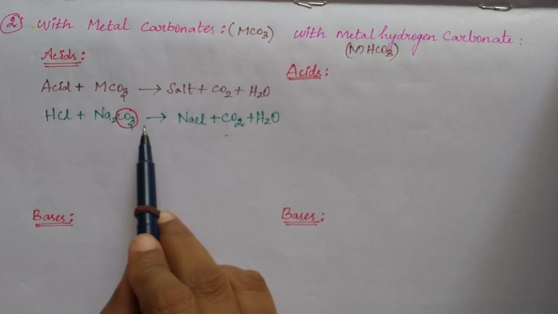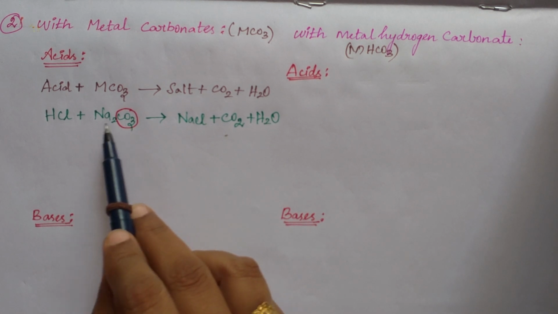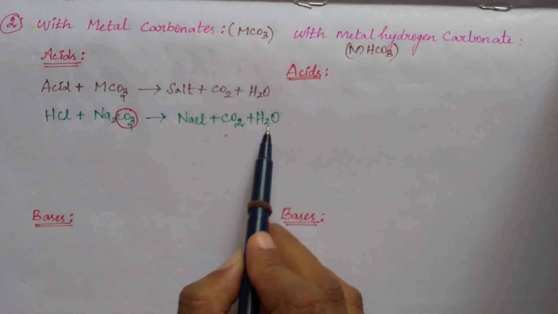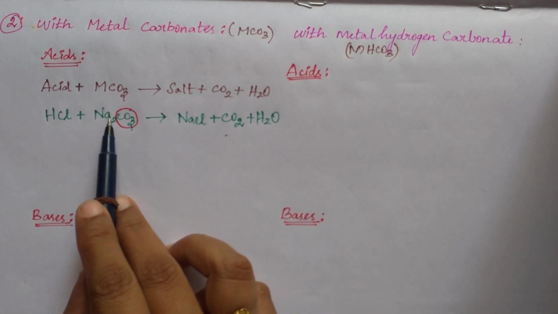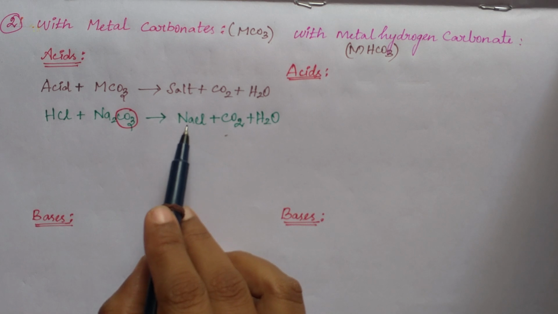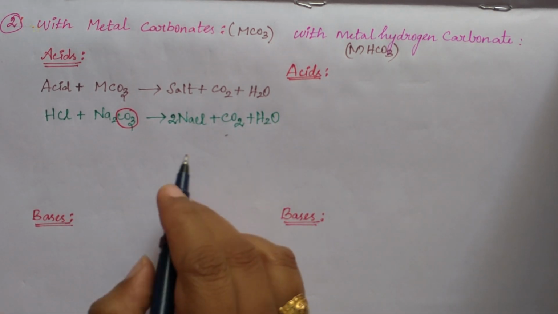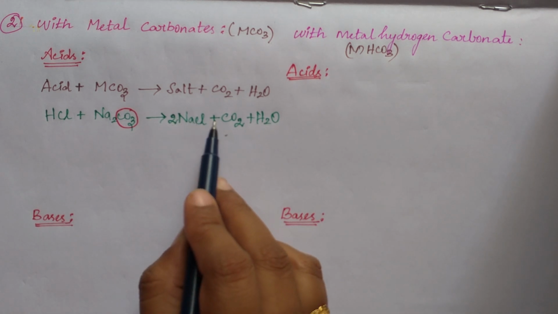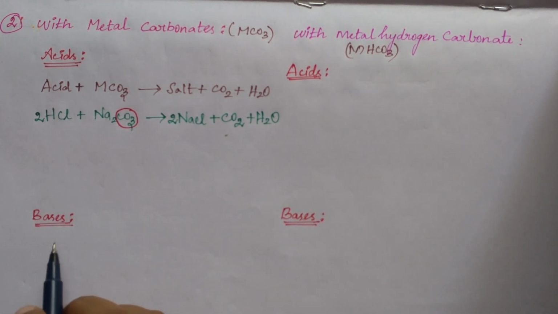From CO3, CO2 is coming out, one more oxygen is there, and that reacts with hydrogen to give H2O. But you have to balance the equation, right? See here 2 Na, but here only 1 Na, so you have to balance the equation: 2 NaCl and here also 2 HCl. Okay students, next example.